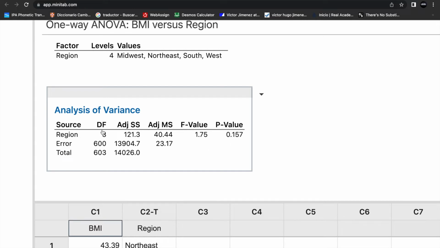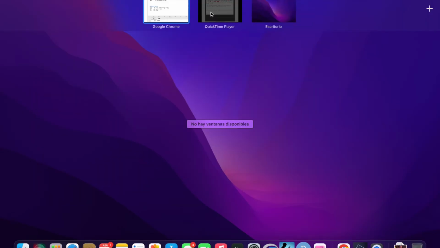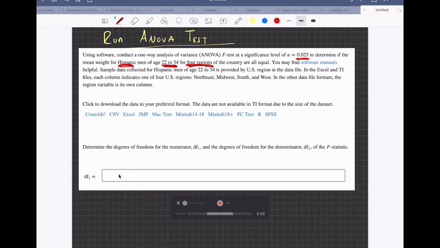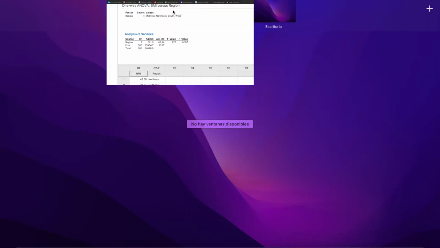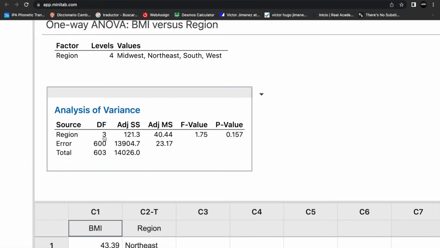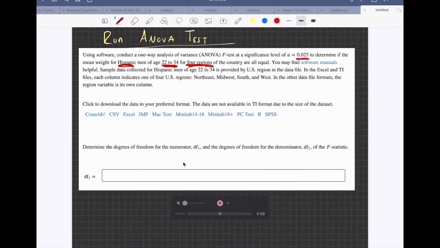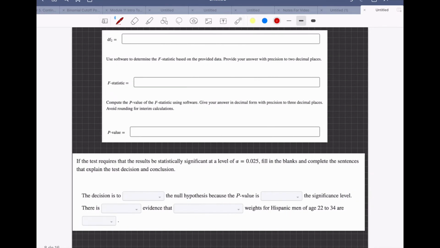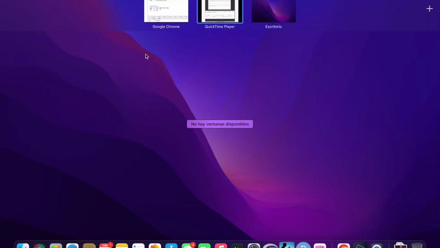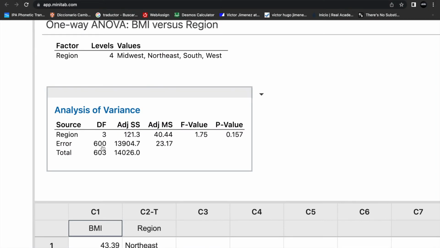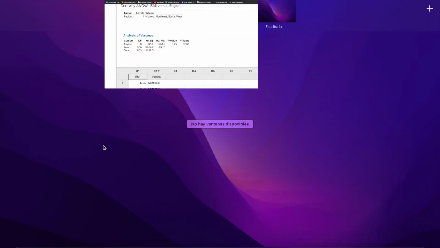So the degrees of freedom: the exercise is asking for degrees of freedom 1, degrees of freedom from the numerator. Degrees of freedom from the numerator is 3. Degrees of freedom from the denominator, this one you see, 600.